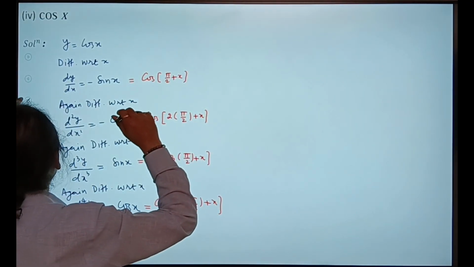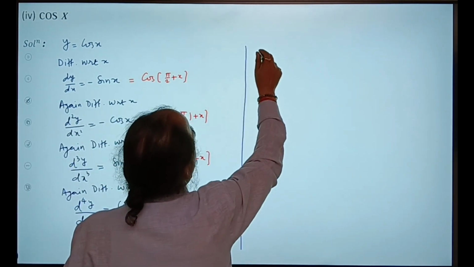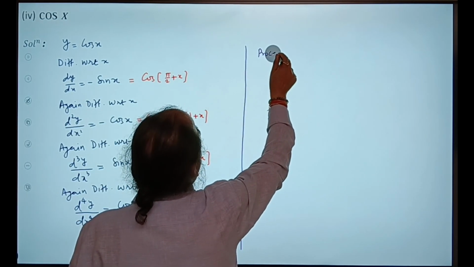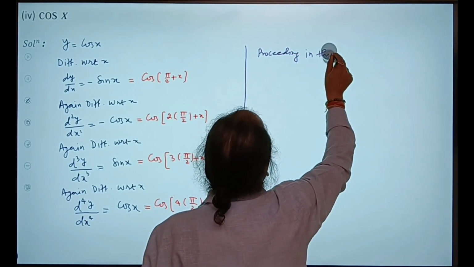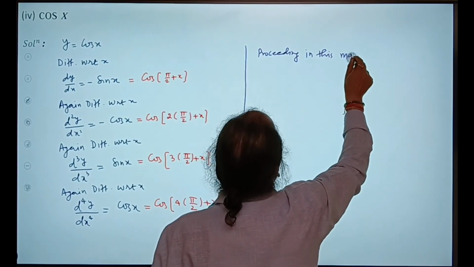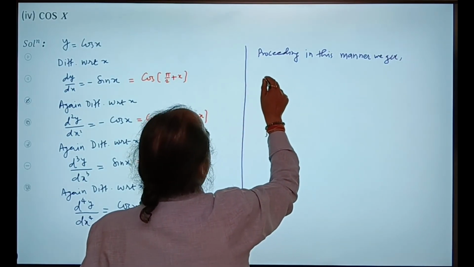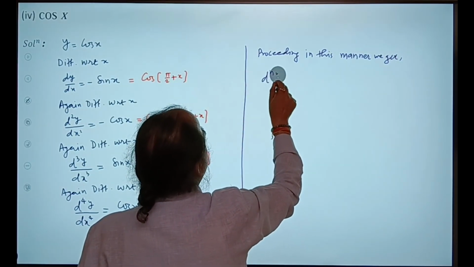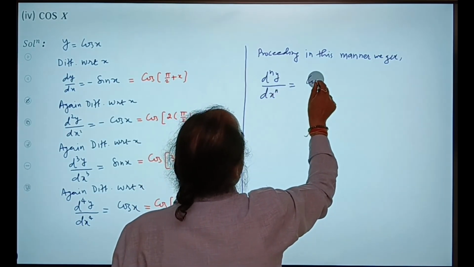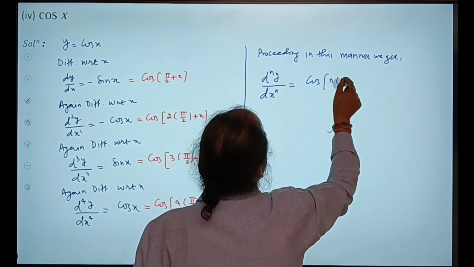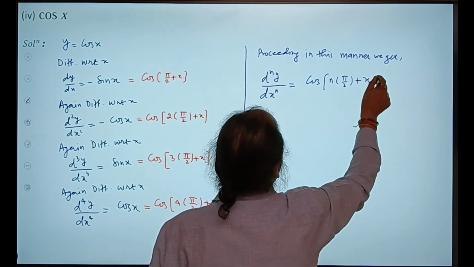So proceeding in this manner, we get nth order derivative of cos x is cos of n into pi by 2 plus x.